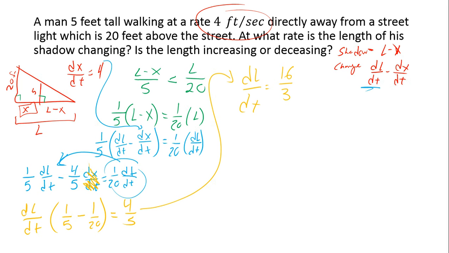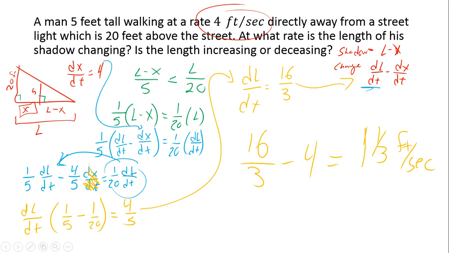Because this is about 3/20ths, and then you divide it onto the other side. And so this is dL over dt, so we'll plug that in here. And so our answer is going to be 16/3 minus 4, which is about 1 1/3. And we are in feet per second.